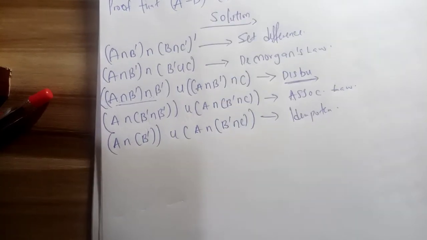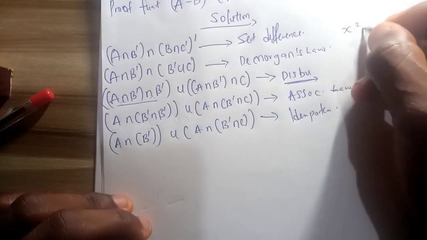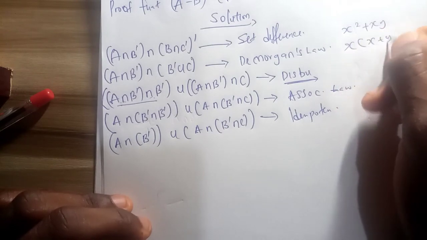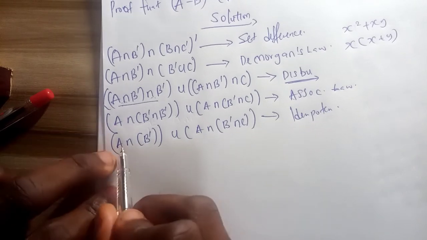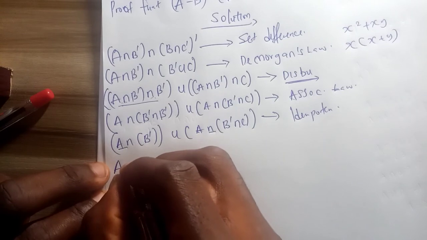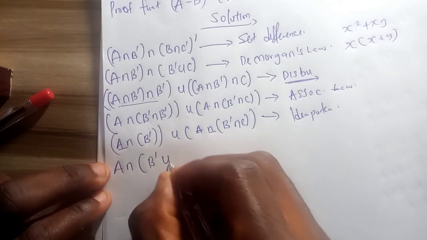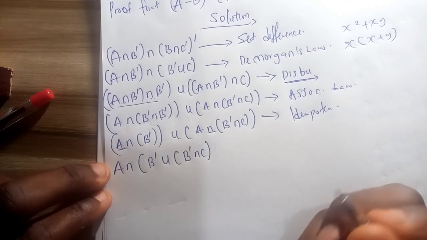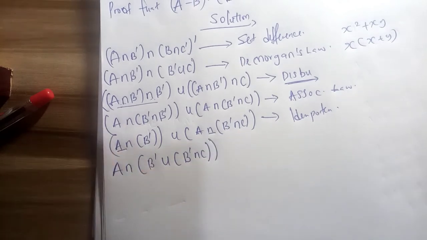Now in your algebra, when you have x squared plus xy, you can say let's factor x out, which gives x times x plus y, right? So when you have that kind of thing, you have A here, you have A here, and the same sign, you can factor A out. So A intersect B prime, then union B prime intersect C. Now this particular one, you don't need to stress yourself.